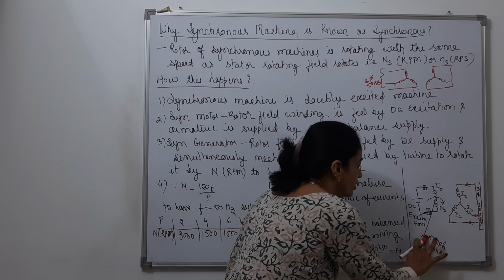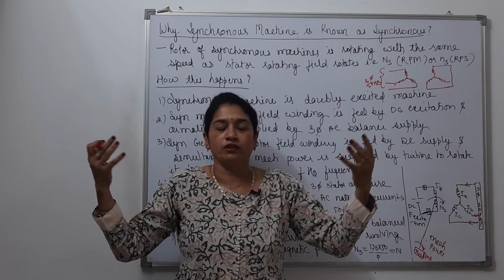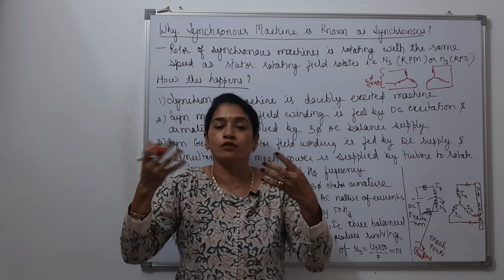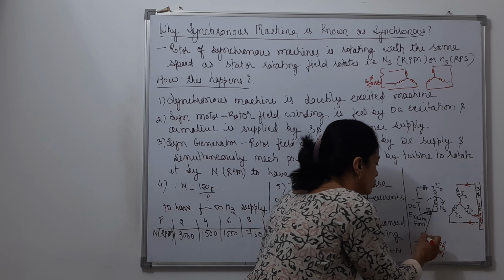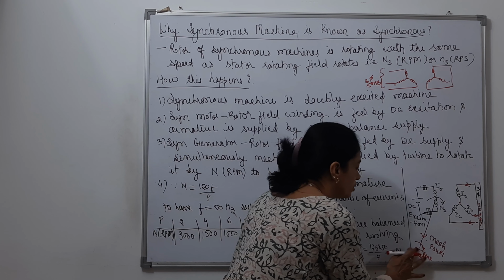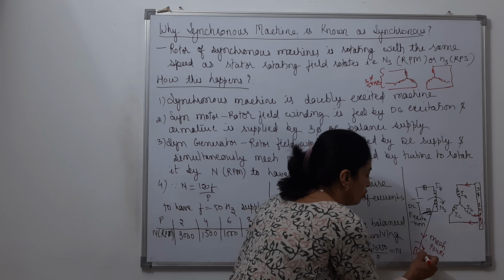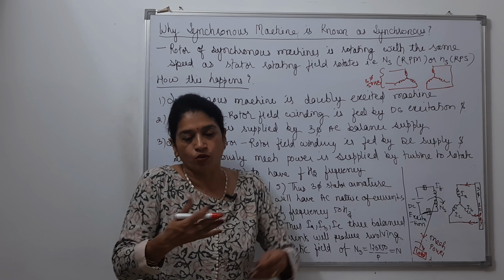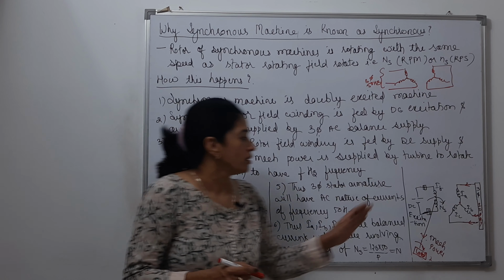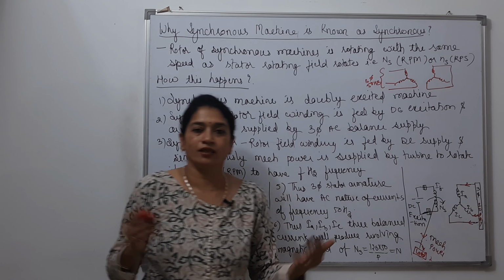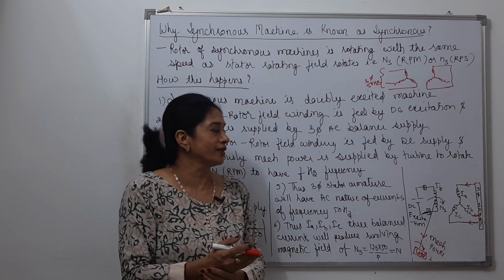Because of the interaction of these two electrical powers, two fluxes, torque is generated and the rotor starts to rotate. The shaft rotates, and hence the mechanical load attached to it gets rotated. This way two excitations are given, hence we call it doubly excited.